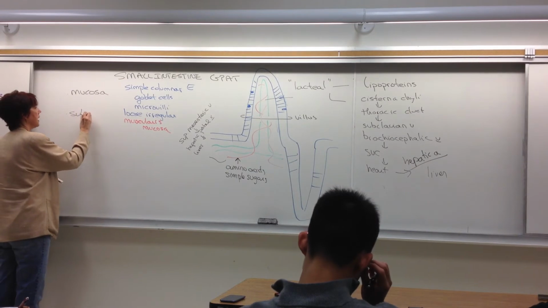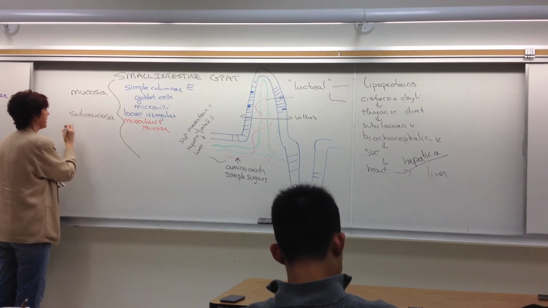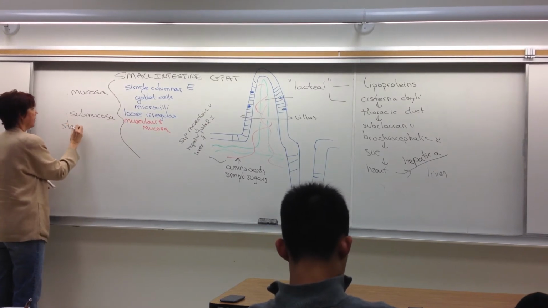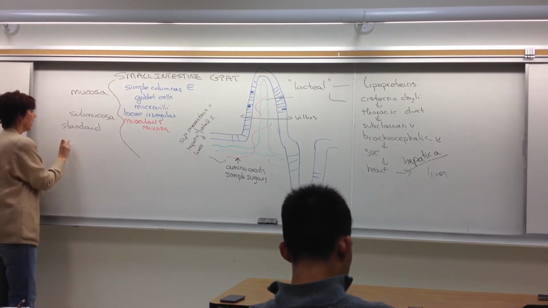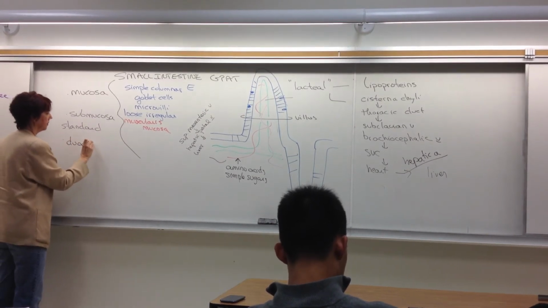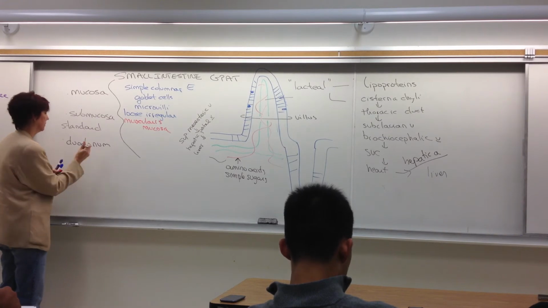Our submucosa is standard except in two locations. In the duodenum, we have submucosal glands.